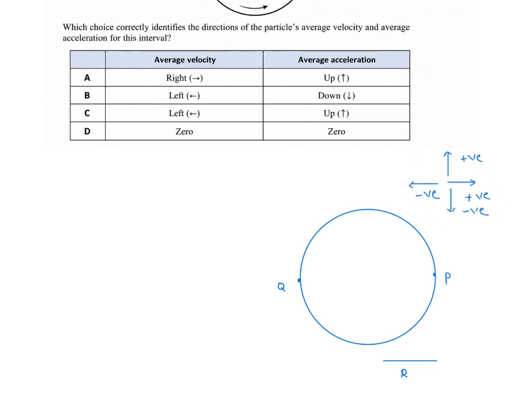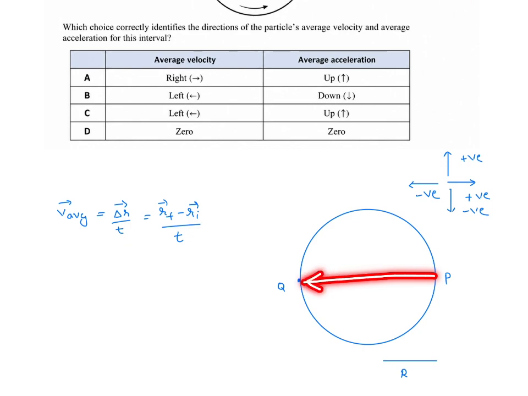So first see what is average velocity. Average velocity is written as displacement upon time. That is final position minus initial position by time taken for this change. So this particle was initially here and finally it reaches point Q. So if somebody asks us what is displacement, this is the initial point, this is the final point, so this is displacement.